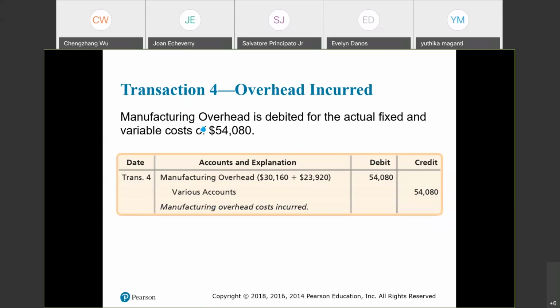So let me make a remark. Variable part plus fixed part.